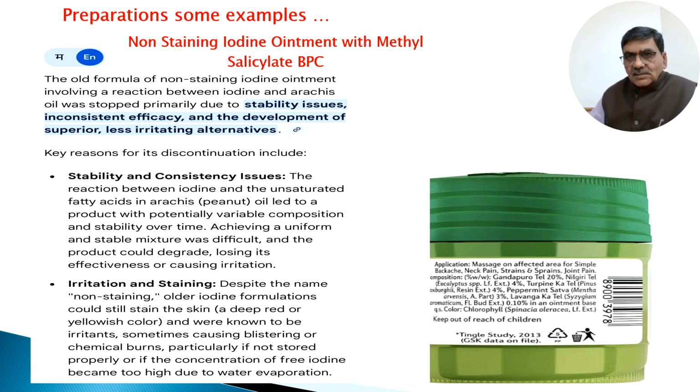So what is mentioned is that this reaction is not a guarantee that the complete reaction will take place. Secondly, whether this product is non-irritant or not, the proper efficacy data is not there. We can say that iodine irritation will be minimized.